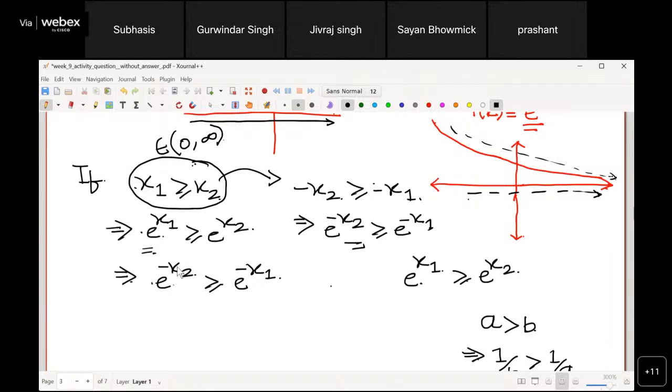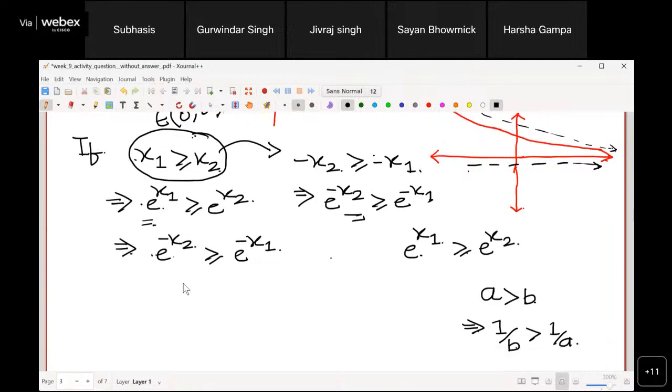What we can do is, e power x1 is greater than or equal to e power x2, so bringing the right-hand side to the left, e power x1 minus e power x2 will be greater than or equal to 0.